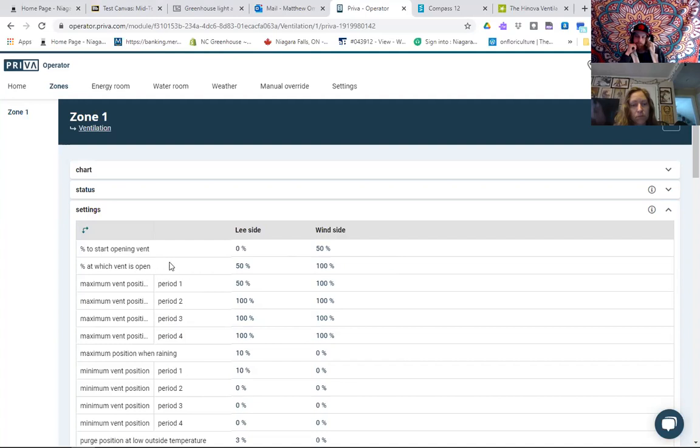Percent at which, okay, anyway. So 50% cooling is 100% open, and then 100% cooling is 100% open. That's what this portion means. I thought we could go higher with the percentage at which it's open, meaning that if it was 150% cooling required, it would be 100% vent opening. Maybe that's down here somewhere. I don't know. I'm still trying to figure out where everything is in this operator. Sorry.